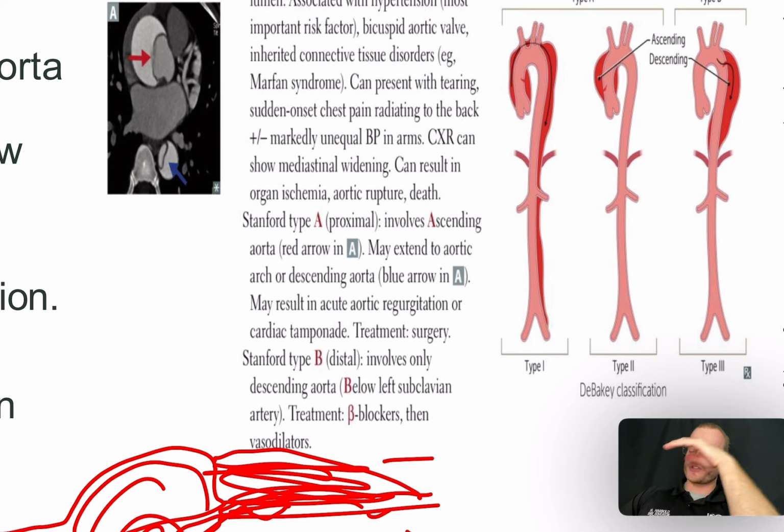Blood pressure on the right is 170 over 100. Blood pressure on the left is 150 over 60. I go, wow, that's a big pressure difference, right? It should be no more than 5 millimeters of mercury between each arm. So you're like, oh wow, huge pressure difference in the arms. You should be thinking dissecting aortic aneurysm, okay?